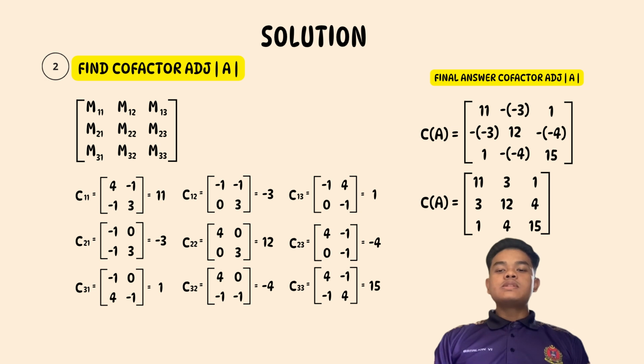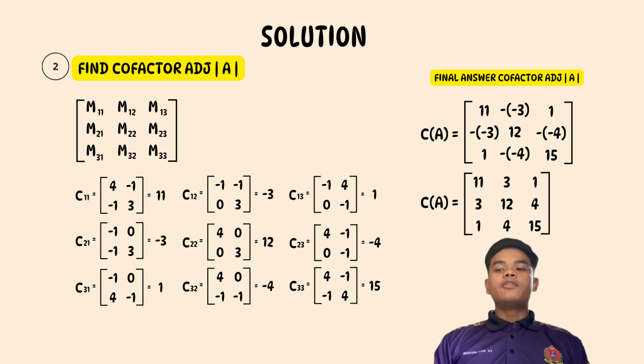Then we use this method subsequently to find the remaining values. C12 equals negative 3, C13 equals 1, C21 equals negative 3, C22 equals 12, C23 equals negative 4, C31 equals 1, C32 equals negative 4, C33 equals 50.